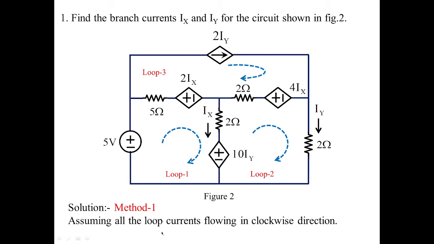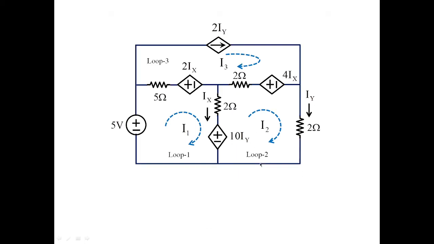In method 1, we are going to apply KVL by assuming all the loop currents to be in the clockwise direction. So currents I1, I2, I3 are selected. Once these currents are selected, I identify the branch currents which are required. Ix, according to mesh analysis, will be equivalent to I1 minus I2. Then Iy will be equal to I2.